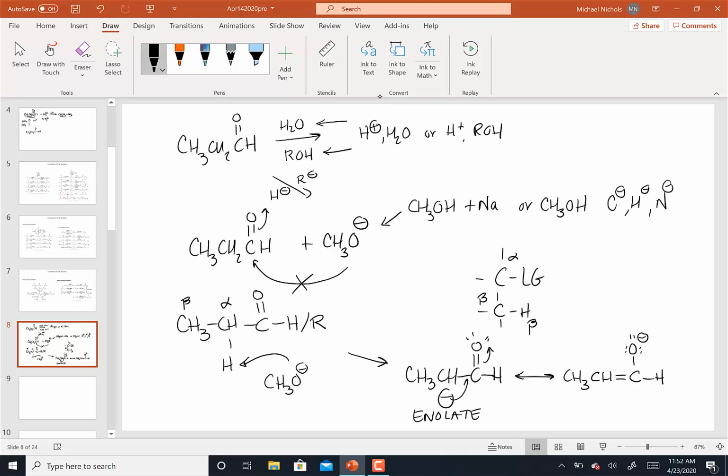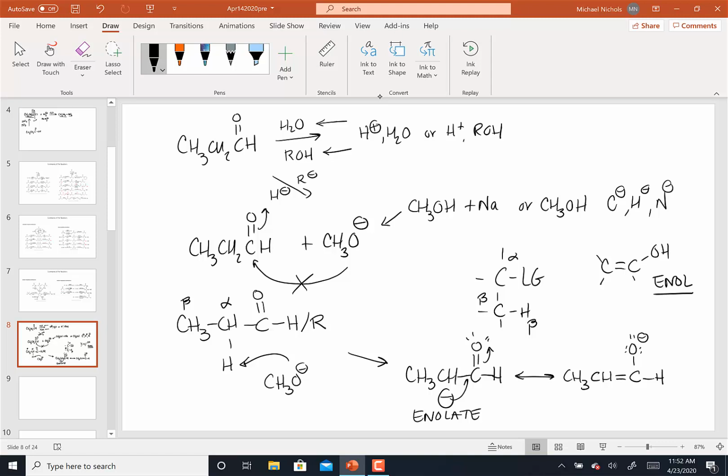Now, if you're asking what an enol is, remember that an enol was a carbon with a double bond attached to an OH. That was our enol that we formed way back at the beginning of the semester when we reacted an alkyne with H plus and H2O. And enols weren't very stable.